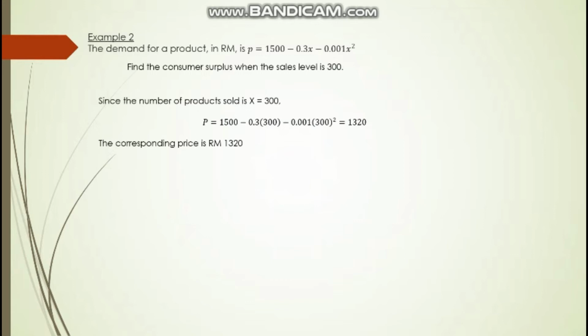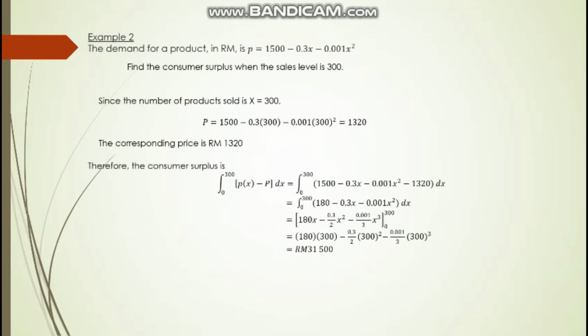The corresponding price is 1,320 ringgit. Therefore, the consumer surplus is the integral of P(x) minus P. The lower and upper bounds of integration are 0 and 300. After solving the equation, we obtain 31,500 ringgit.